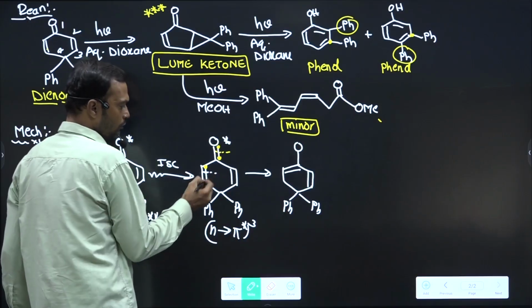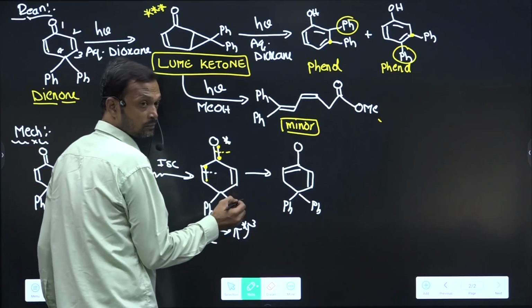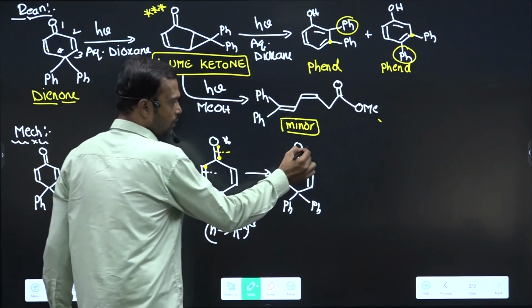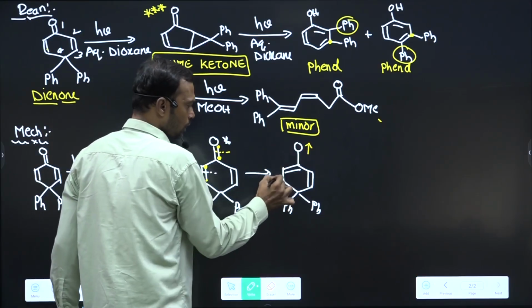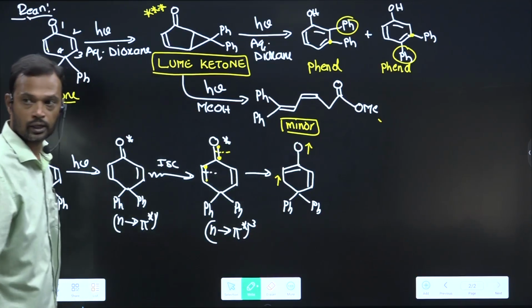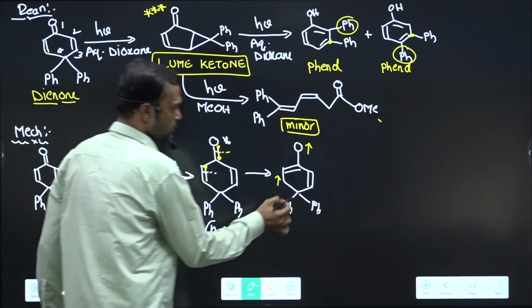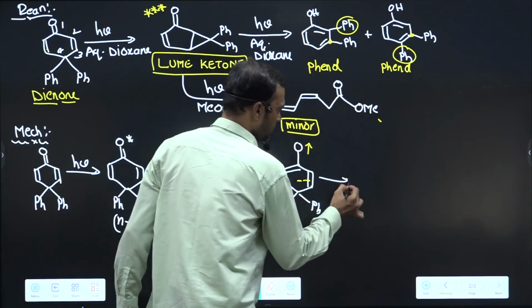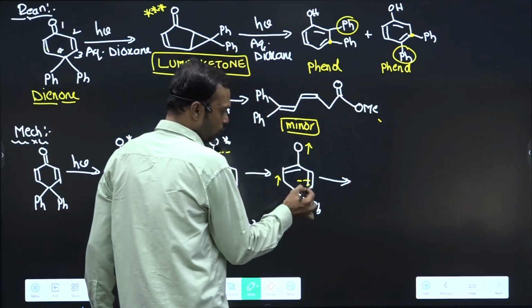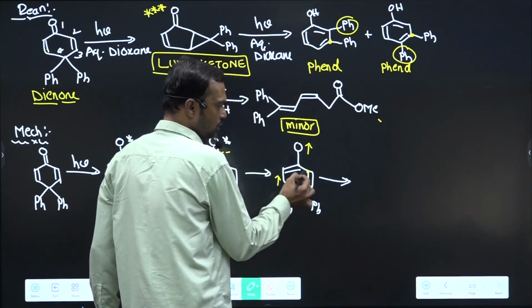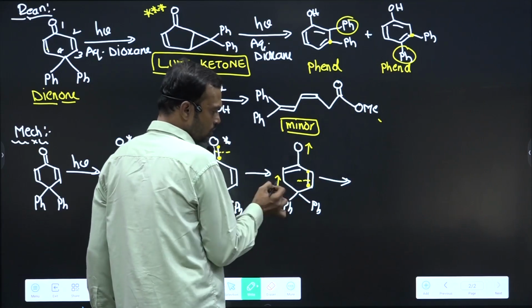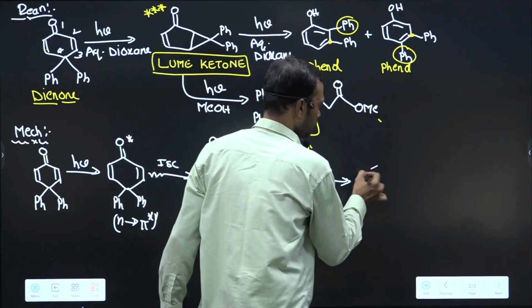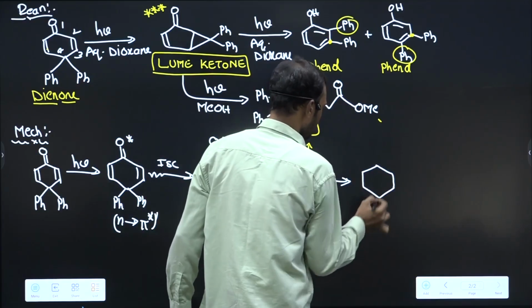Here one electron, same spin or opposite spin? Here clockwise and here also clockwise. Now break this bond. This electron is anticlockwise and this is clockwise; anticlockwise and clockwise combine together.